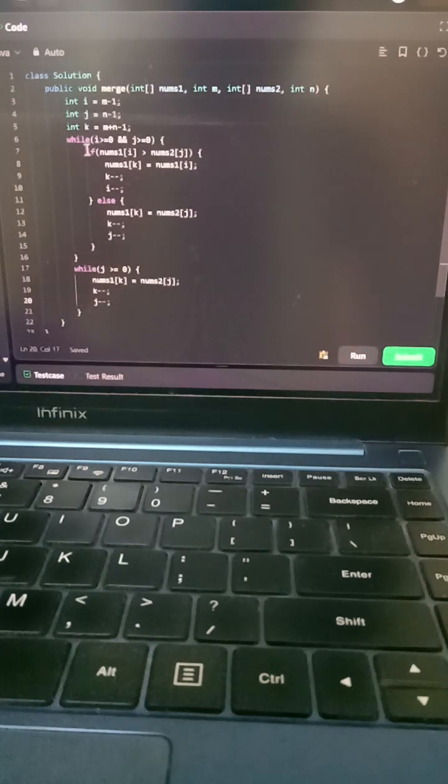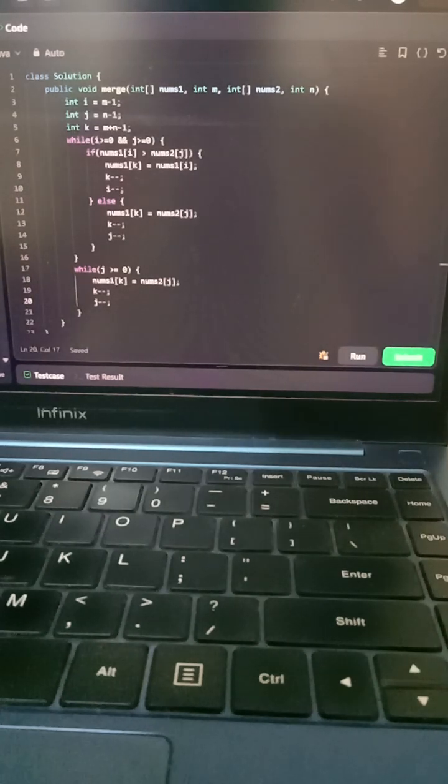In the while loop, if nums1 of i is greater than or equal to nums2 of j, it means we compare the last elements first, and the greater value will be stored at the end of nums1, because that's the largest value among all of them, since nums1 and nums2 are both sorted as given in the question. So nums1 of k, the last index of nums1, equals nums1 of i, because nums1 of i is greater than nums2 of j.